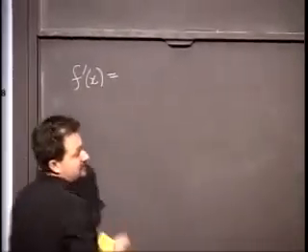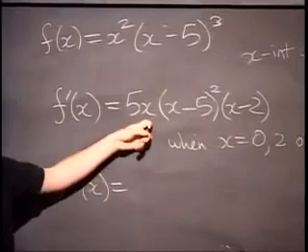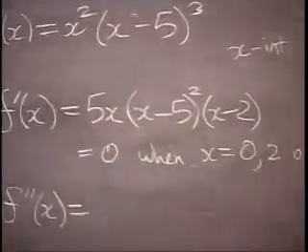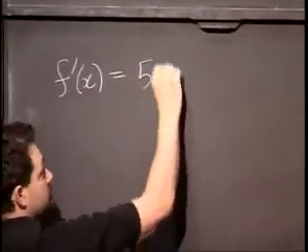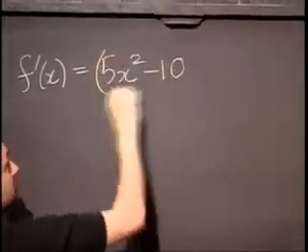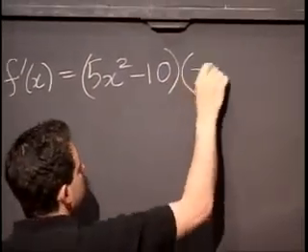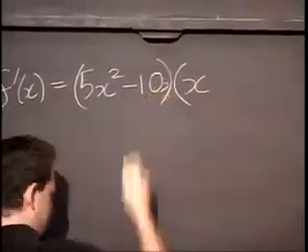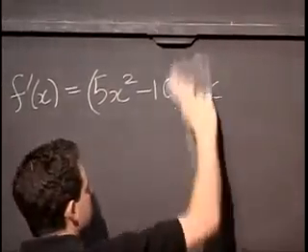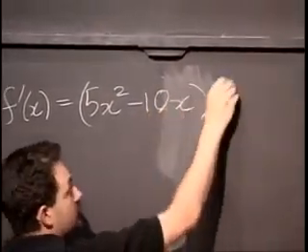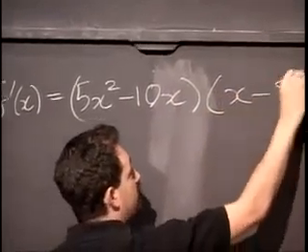I'm going to combine this factor and this factor for ease. So it'll look like 5x squared minus 10x, outside of x minus 5 all squared.